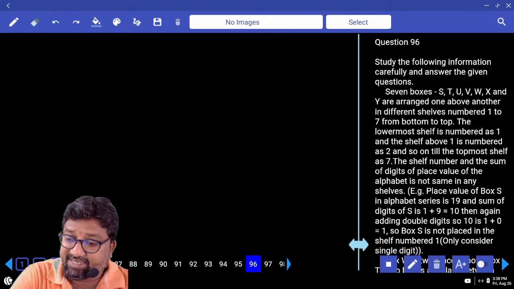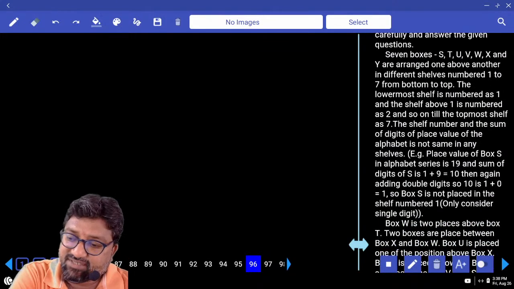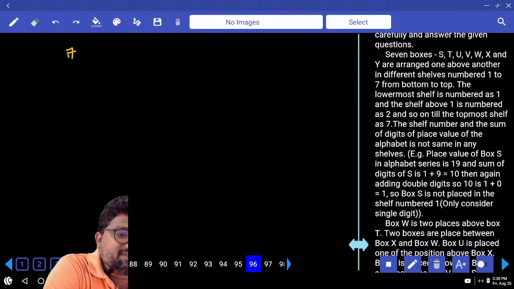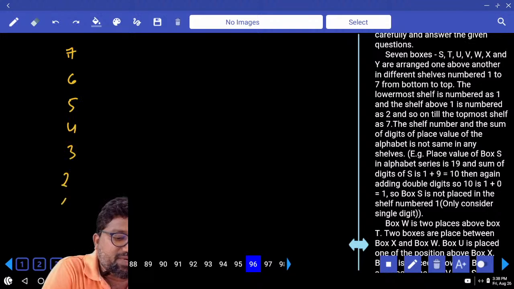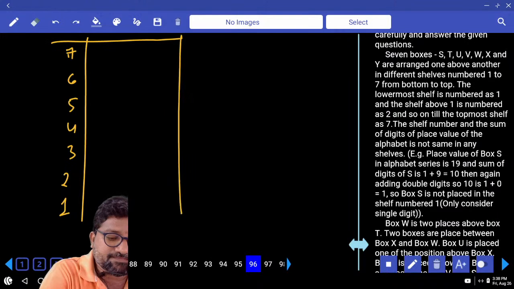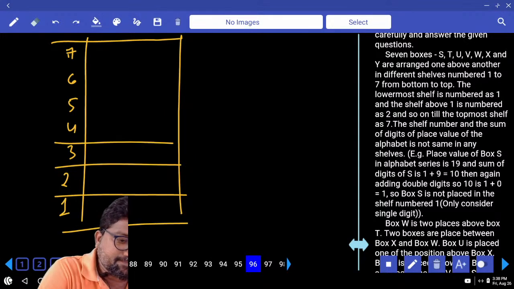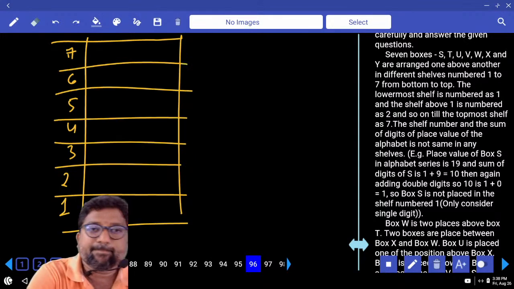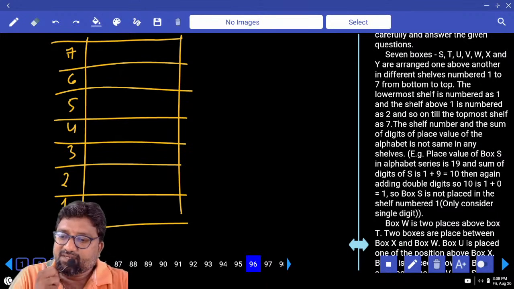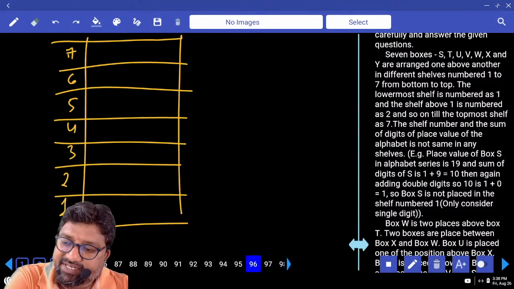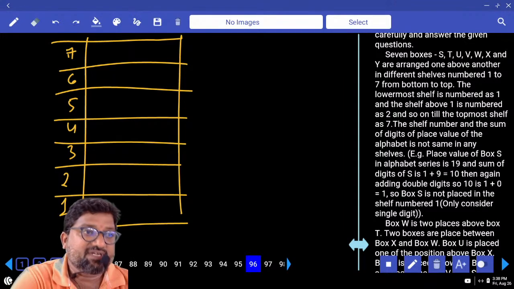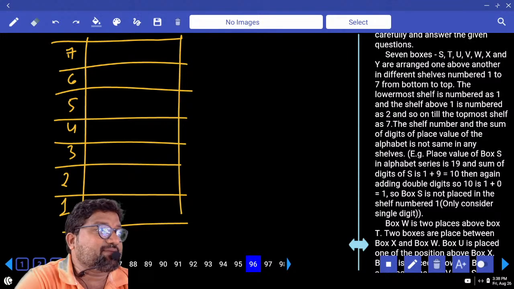Now please read the next line. This is very, very important to us. 7, 6, 5, 4, 3, 2, 1. The shelf number and the sum of the digits of the place values of the alphabet is not the same in any shelf.